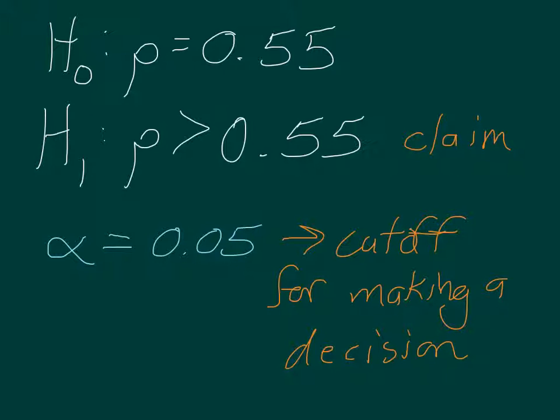Right? It's very functional in relation to the p-value. Okay? And the whole point of the test is I'm going to take a sample and look at the probability of getting that sample under the assumption H naught is true.